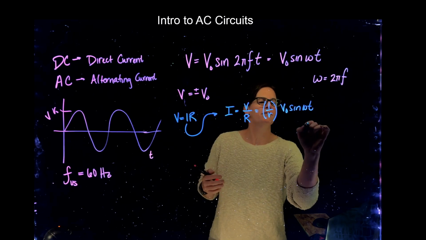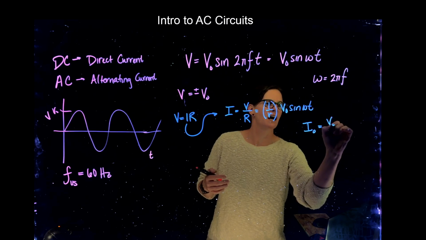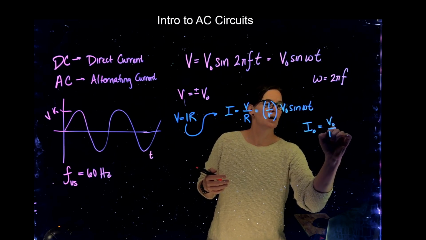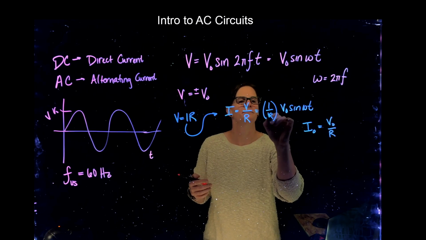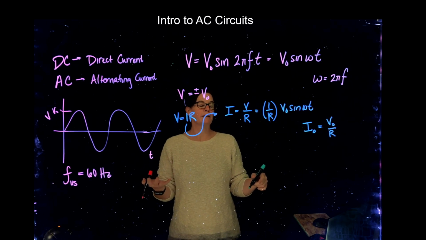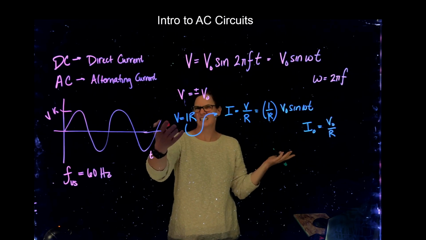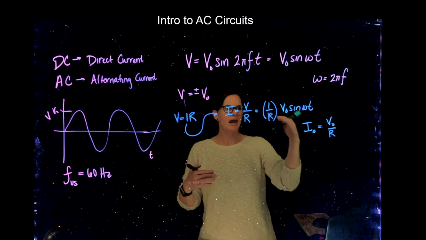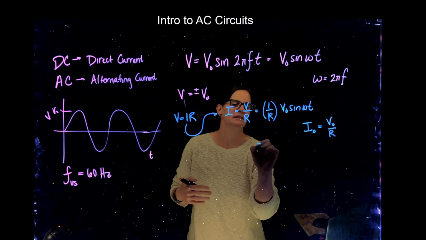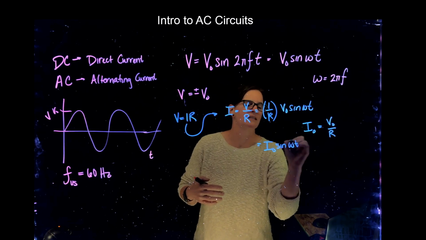Well, I can define I naught as equal to V naught over R. This should be a capital R, sorry. I can assign I naught, the highest current value, to be the highest voltage value over the resistance. That should make some sense. So now when I substitute that in, we have I naught sine omega t.